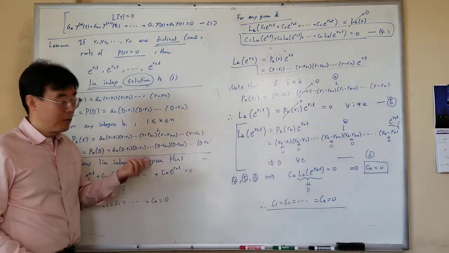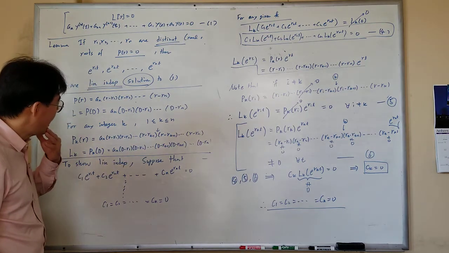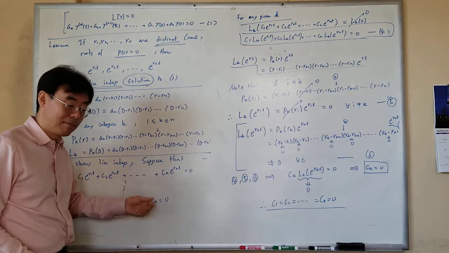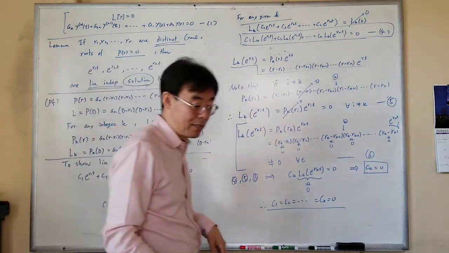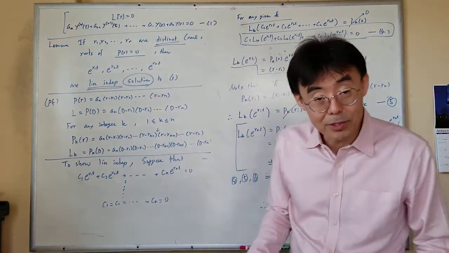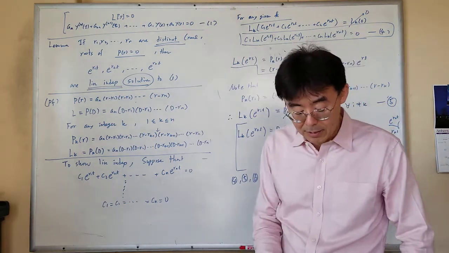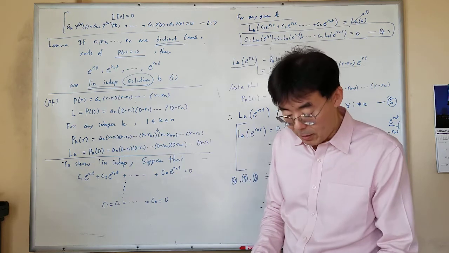Now, if you know linear algebra, actually, you can do this one by taking derivatives. Well, anyway, there are other ways. But your textbook chose this method using some clever linear differential operators.